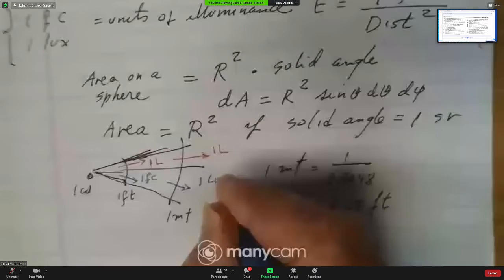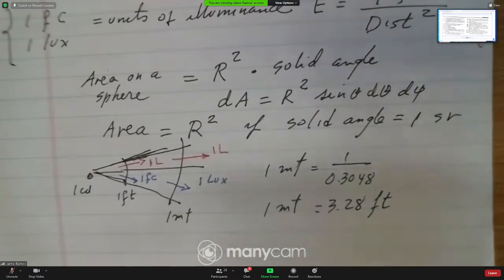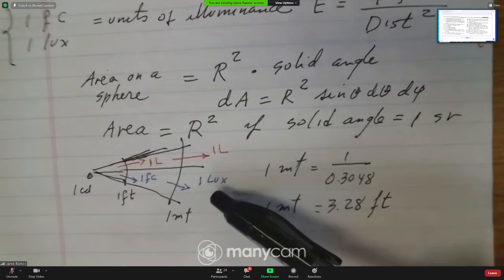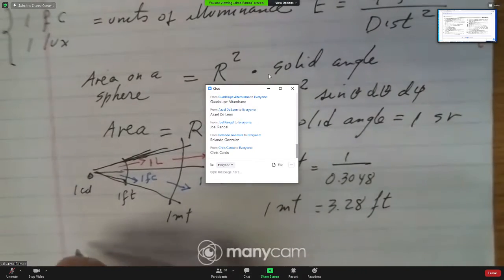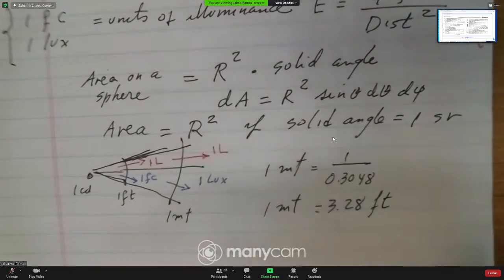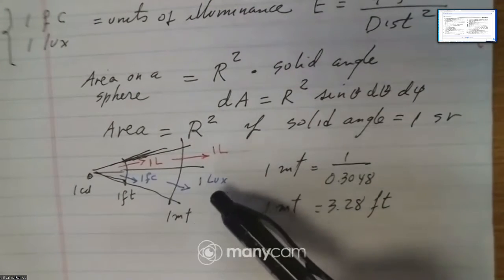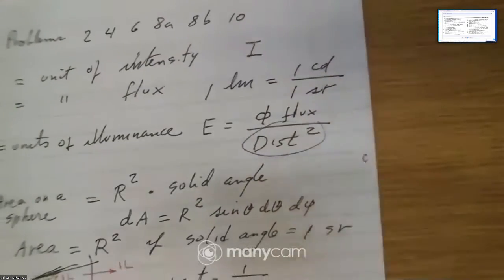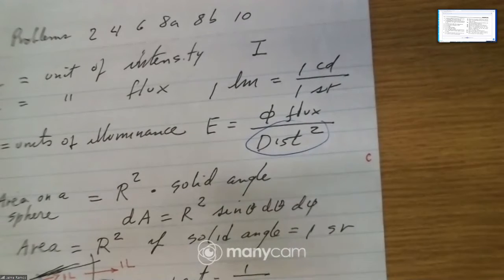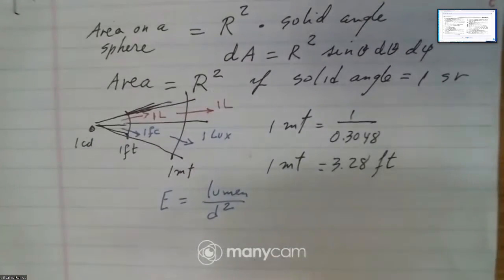This is called one lux for the metric unit. Okay. So in order to calculate that, we must divide the lumen by distance squared. So that's 9.